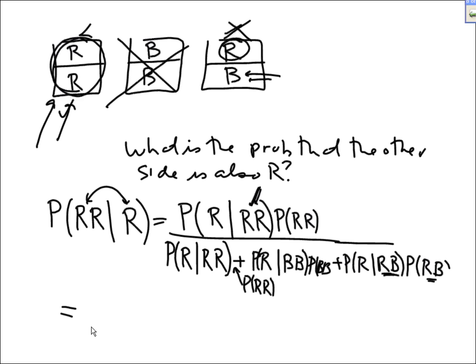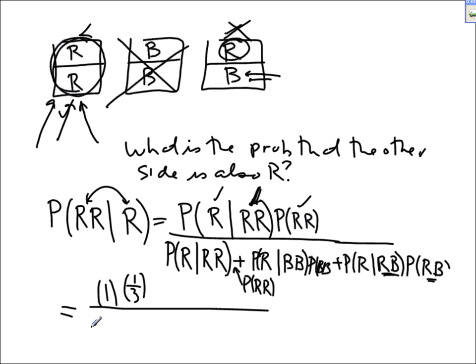We're given that we have the RR card. What's the chances that R is in front? 100%. What's the probability of picking that card? 1/3. There's 3 cards and they're identical looking.